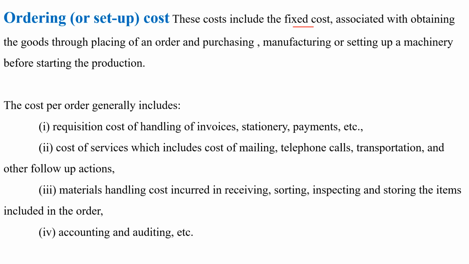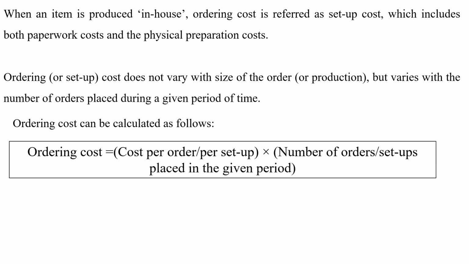So these are all related to the ordering or setup cost. When an item is produced in-house, ordering cost is referred to as a setup cost, which includes both the paperwork cost and the physical preparation cost.